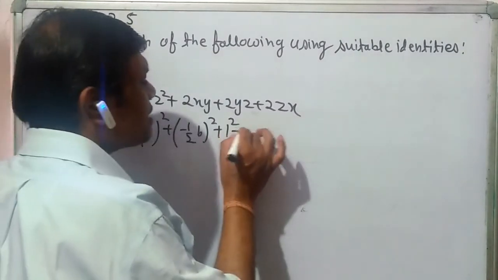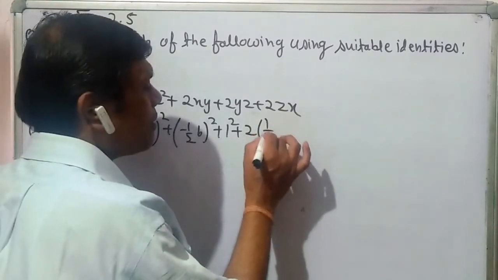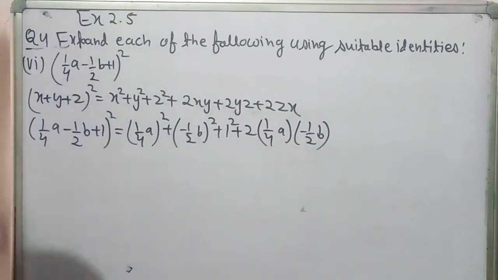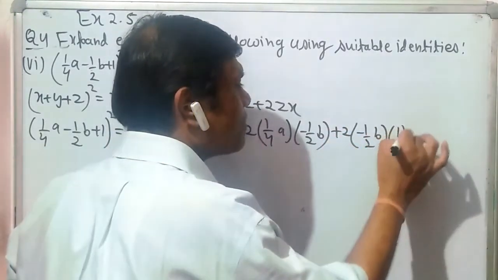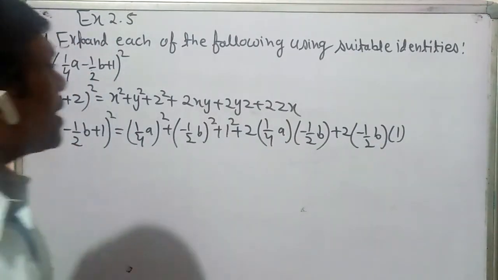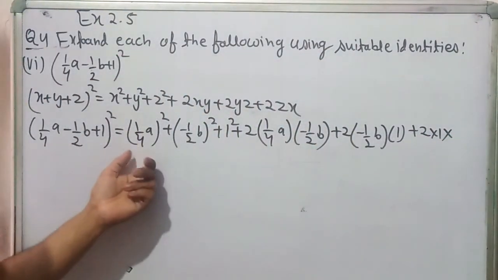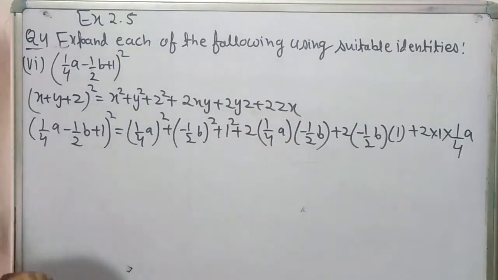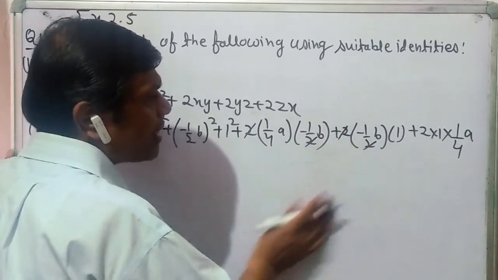Next, put the twice xy term, twice. In place of x, 1 upon 4a. In place of y, minus 1 upon twice b. Twice yz term, twice minus 1 upon 2b multiplied with 1. And twice zx term, 2 multiplied by 1 multiplied by x. What is x? 1 upon 4a. Simple. Now we have to simplify them. Here we can cancel out 2. Here we can cancel out 2.